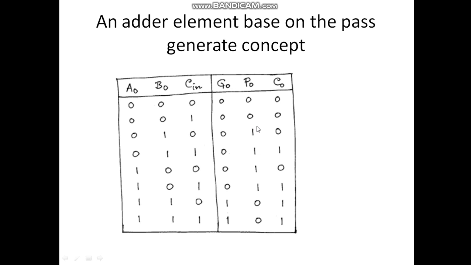Okay. So here you can see when P is equal to 1, all values of C0 are same as all values of C in.